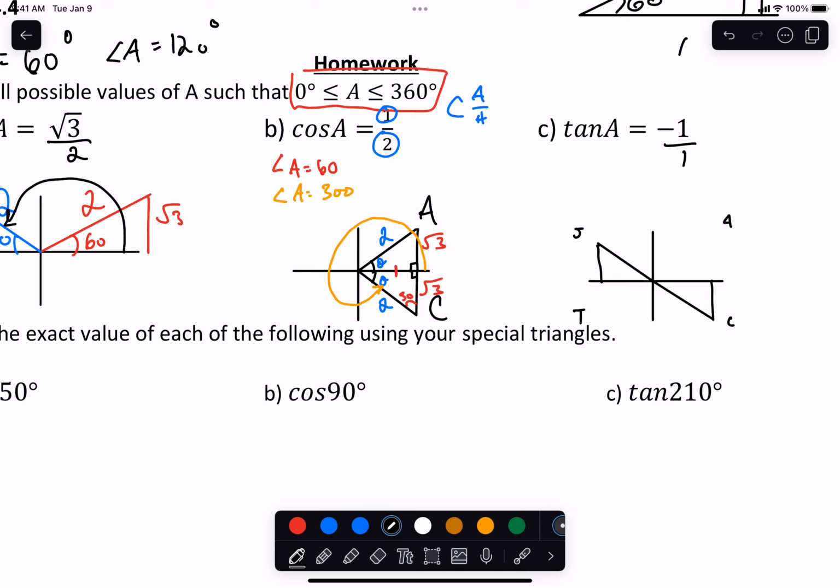So if I drew -1 over 1, this can be a 45. That's what corresponds. I know these side lengths are -1, 1, and √2. So then I can figure out what the angles are.